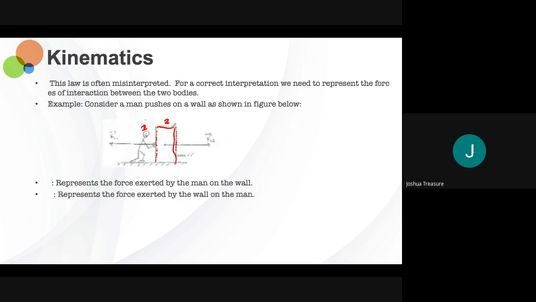So we see two forces in play. Tyrese exerts a force on the wall. He's trying to push this wall, but this wall is also pushing back. If he was stronger, let's say we had a box here and we're pushing the box.